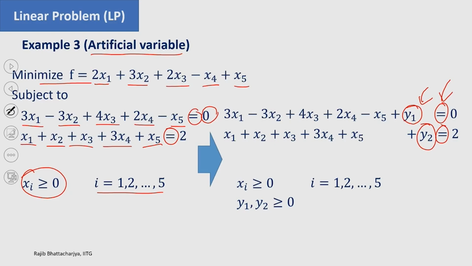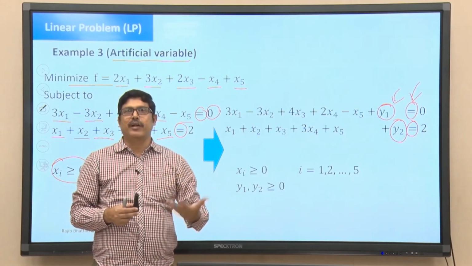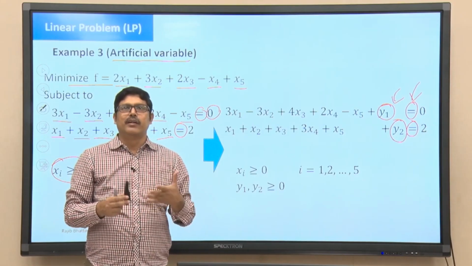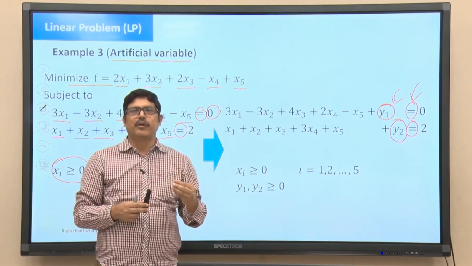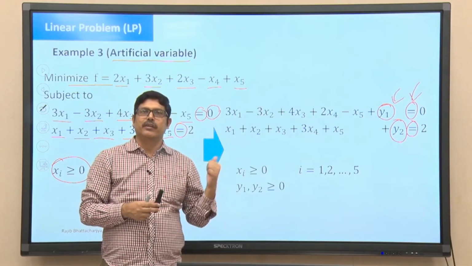but in order to get an initial basic feasible solution, we are putting these two variables y1 and y2. That will disturb the equality condition. Therefore, these two variables have to be eliminated initially, because y1 and y2 have disturbed the equality conditions.